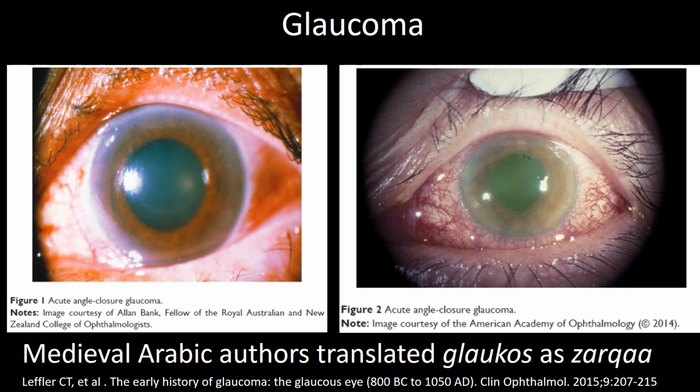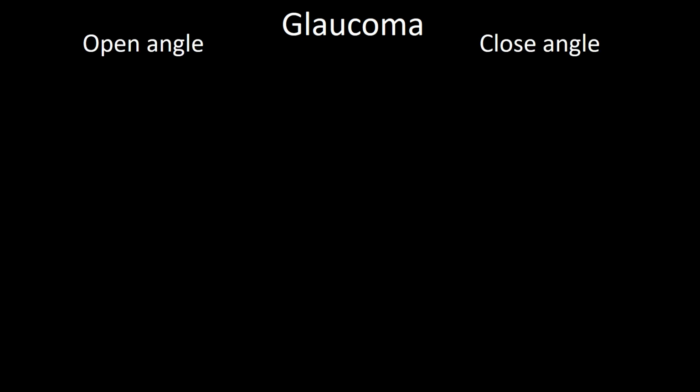Medieval Arabic authors translated glaucoma as tharka. Glaucoma can be divided into open angle and closed angle glaucoma, based on the degree of angle formed by the cornea and the iris. The term wide angle glaucoma is often used for open angle glaucoma and narrow angle glaucoma for closed angle glaucoma. We will address open angle glaucoma first.